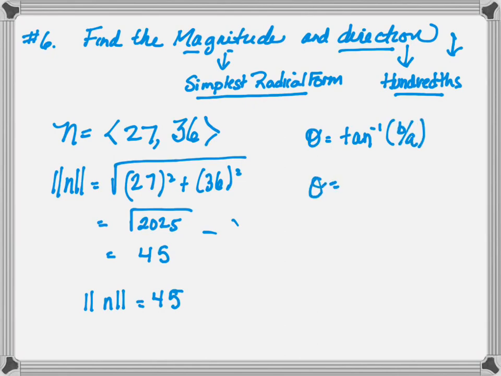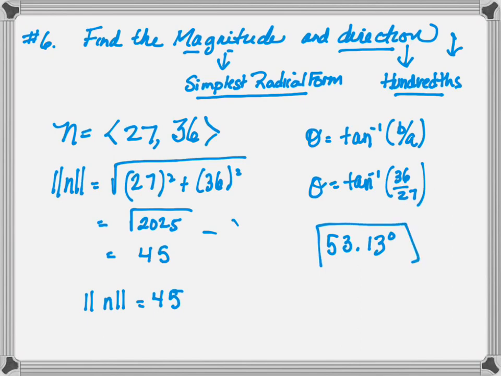So theta would be inverse tangent of 36 over 27. When you work that out with your calculator, you get 53.13 degrees. So 53.13 degrees would be your other answer.